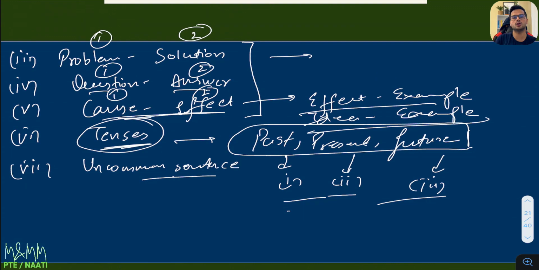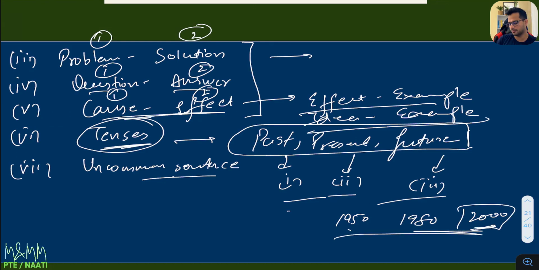They may even give you a question with certain years written in them. For example, something happened in 1950, something happened in 1980, something happened in 2000. Now, even 2000 is past for me, but as per the question, 2000 is the future out of all the given sentences. So in that case, 1950 would be my first sentence, 1980 would be the second, 2000 would be the third. So this is how the tenses rule would work.